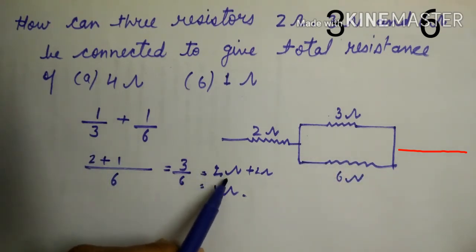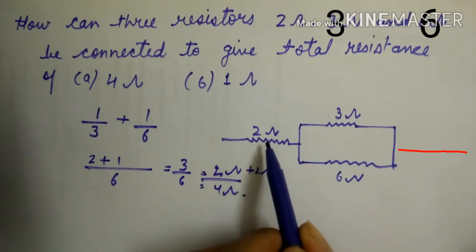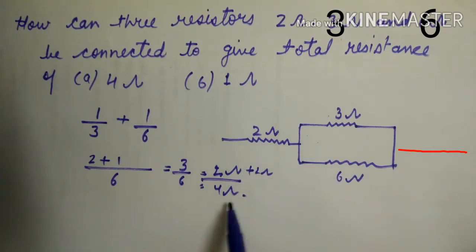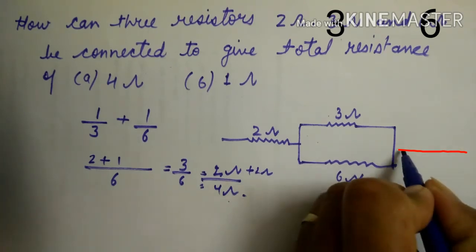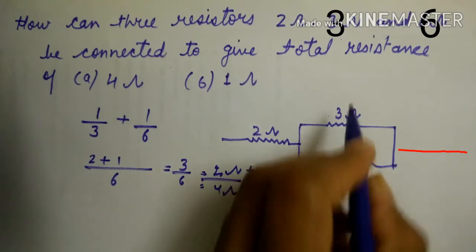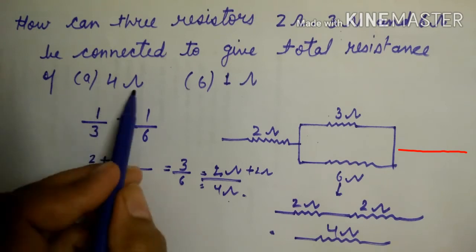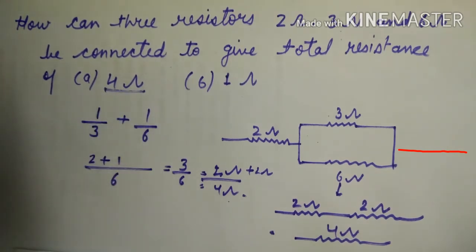We get the value 2 ohm, and when this 2 ohm and 2 ohm are connected in series, it becomes 4 ohm. We can simplify it by making it like this: 2 ohm and 2 ohm will become a 4 ohm resistor. So for the first case we have solved this.